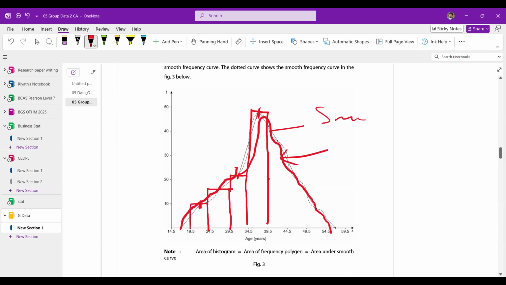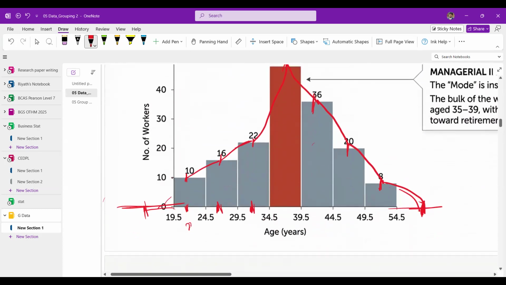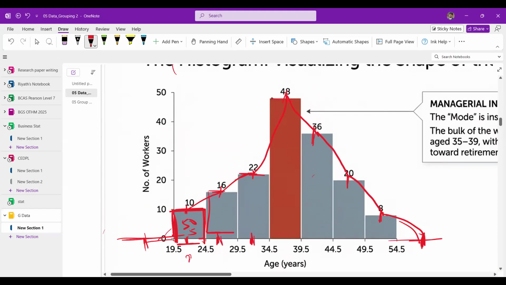The interesting thing is the area of the histogram should be equal to the frequency polygon and equal to the area under the curve. What that means is, in the histogram, we can measure the area. For this rectangle here, 5 into 10, so this area is 50. And here 5 into 16, and 22 into 5, and 48 into 5.